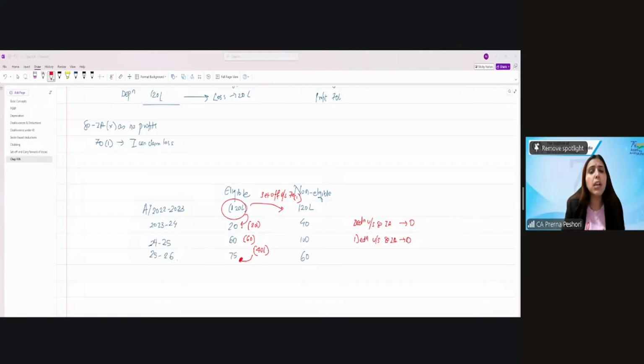So in 23-24, I am setting it off. Still it remains. In 24-25, I am again setting it off. Still it remains. Therefore, in 25-26, I am again setting off the remaining. And 75 minus 40 is what I will be eligible for deduction under ICAI. Is this clear, students? Yes or no?